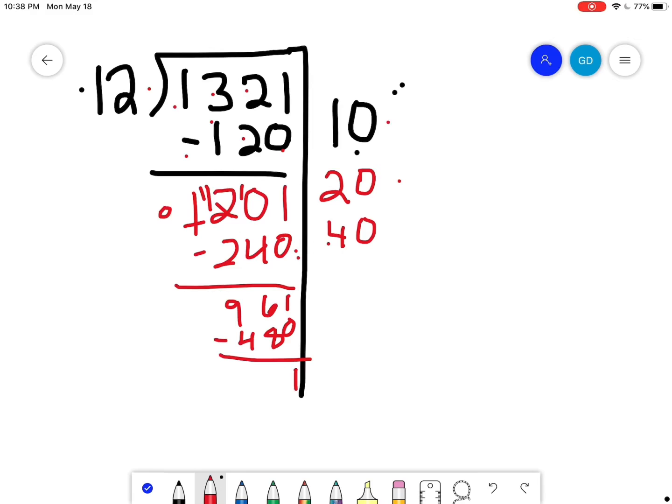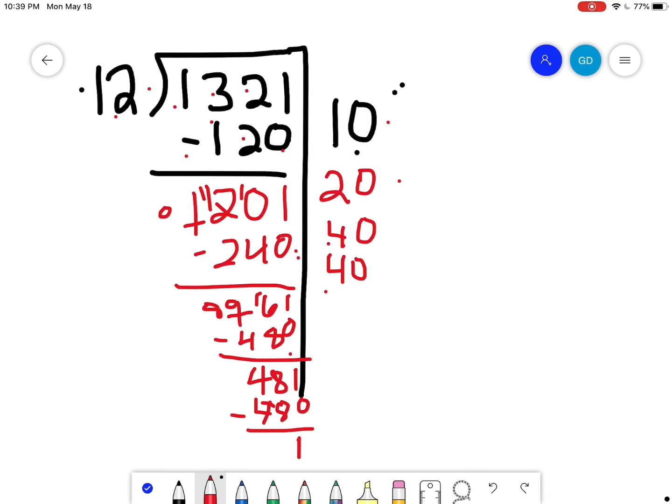1 take away 0 is 1. Can't do 6 take away 8, so I'm going to borrow. Oops, that's an 8. That's a 16. 16 take away 8 is 8. 8 take away 4 is 4. Well, look what I've got left. I've got 481 left. Why don't I do another 40? 40 times 12 is another 480. I subtract that out and I'm left with 1.